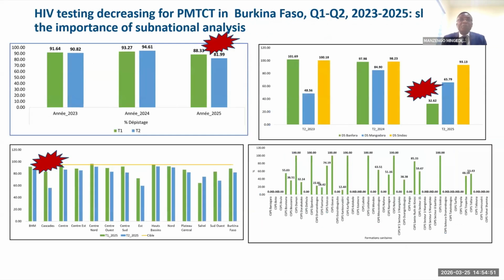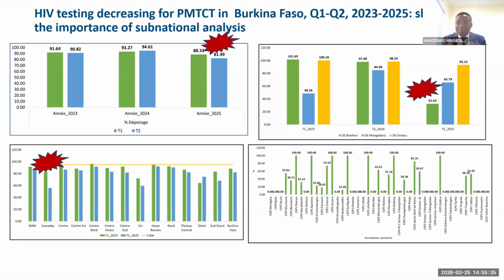Slide, please. Here we have another example, for PMTCT in Burkina Faso. We can see in the first slide that the testing is declining, in blue. From the analysis made at the regional level, they identified the region where the issue is most, and in the cascade we found that Banfora was the problem.